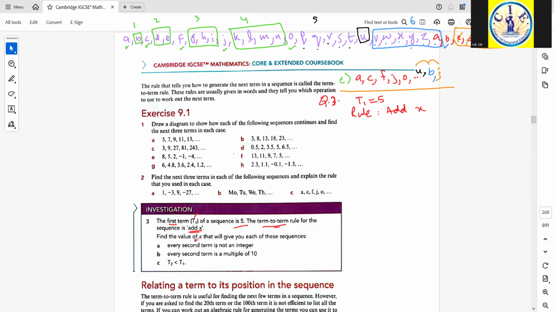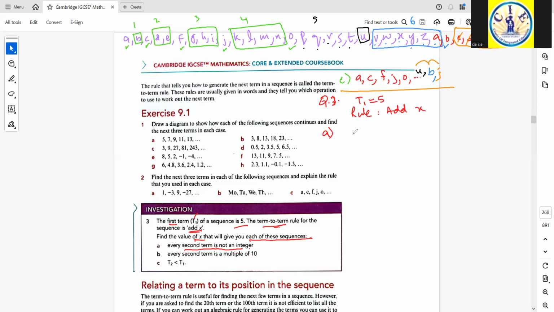Find the value of x that will give you each of these sequences. Every second term is not an integer. The next term after 5, which is an integer, I want it not to be an integer. And then the third term, I want that to be an integer.